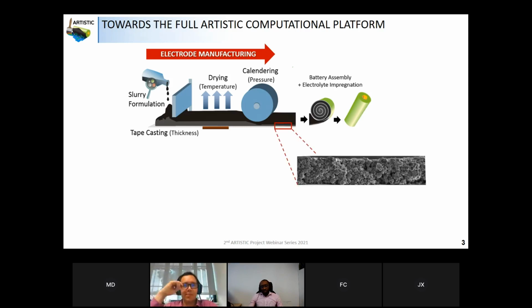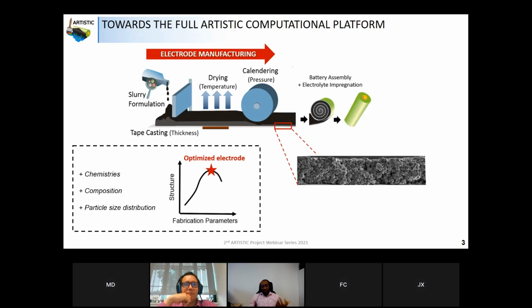And as we know, the properties that we obtain after calendering will depend on the structure that we obtain after calendering. All the properties, including the electrochemical performance, will depend strongly on the structure.